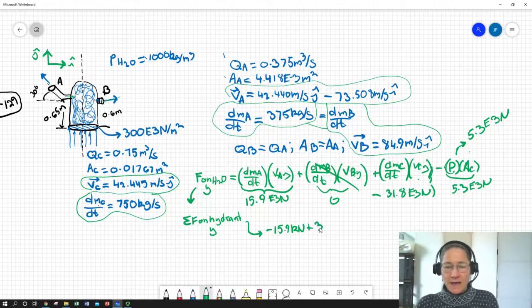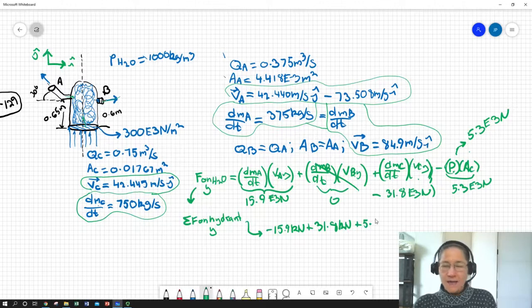So we end up adding that, 31.8 kilonewtons. And then the pressure force again is going to be upwards on the hydrant coming from the water at this base. So that ends up getting added in.